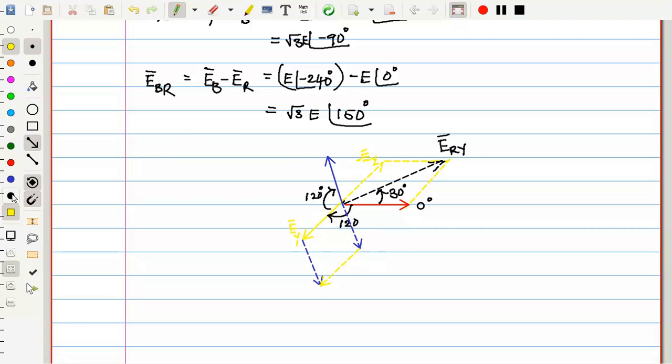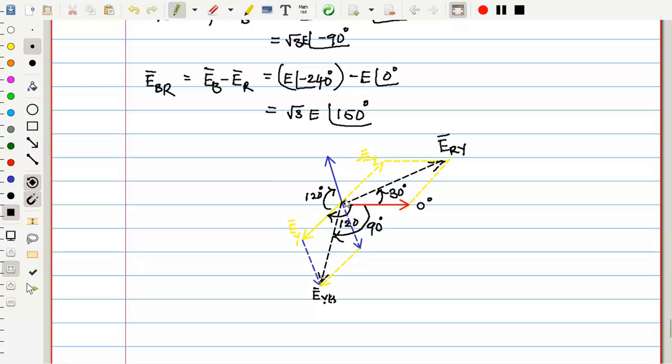Then the diagonal will give the resultant, which is this black color one. What is that? EYB, right? Yes, EYB. What is the angle of this? Check it. EYB angle minus 90. See, from here to here, it is 90. It is 90.